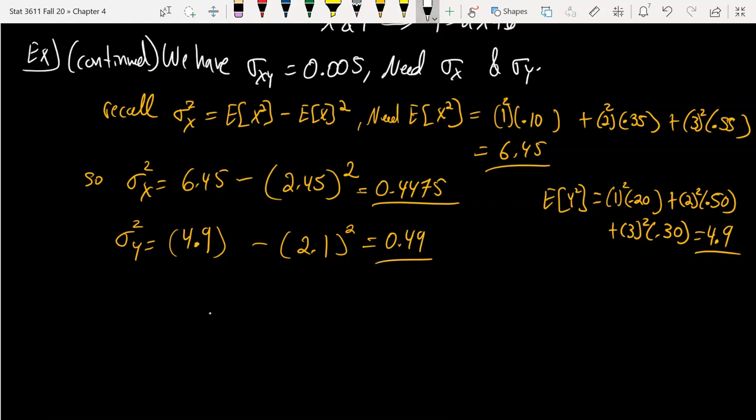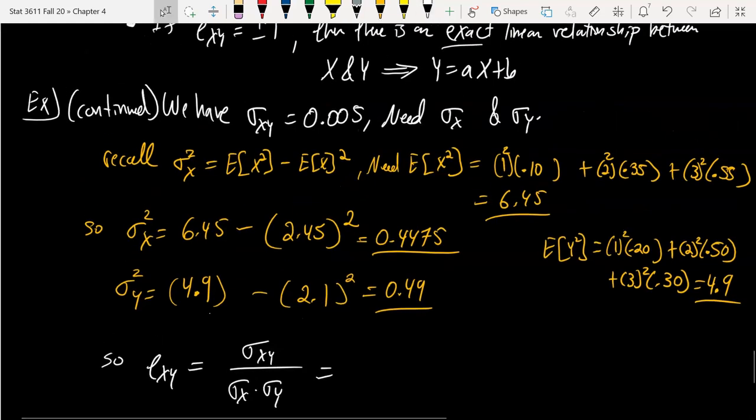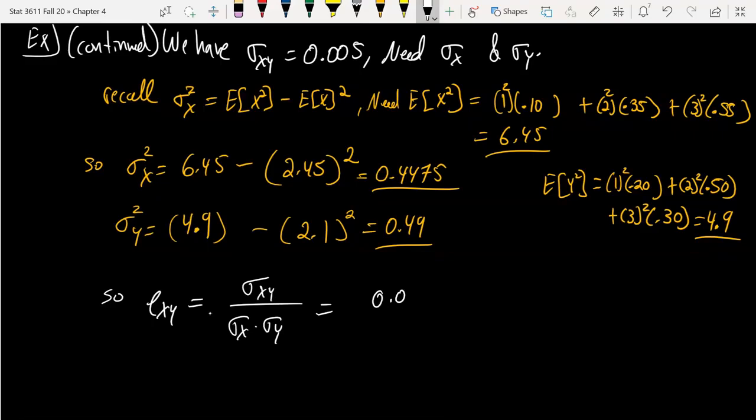Okay, cool. So then rho, the correlation coefficient, is sigma xy over the standard deviation of x times the standard deviation of y. The covariance is 0.005, divided by the standard deviations, which are just the square roots of each of these: the square root of 0.4475 times the square root of 0.49.